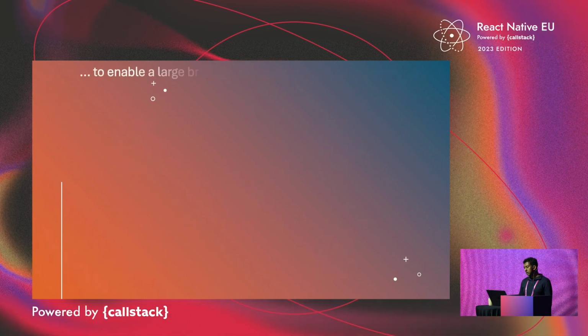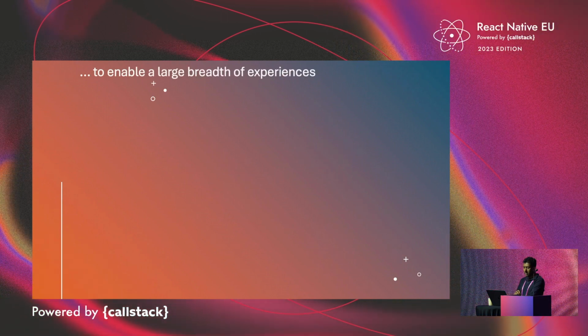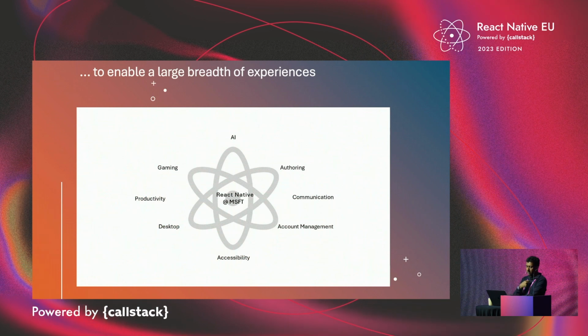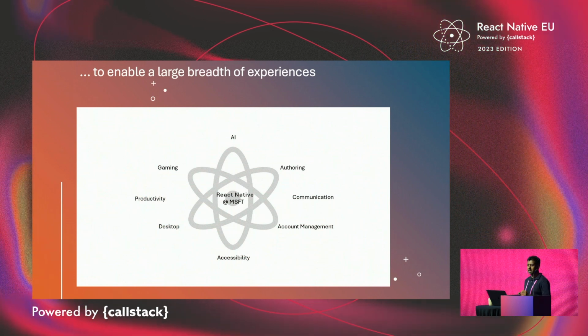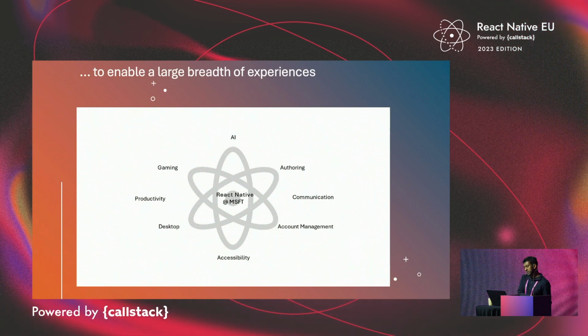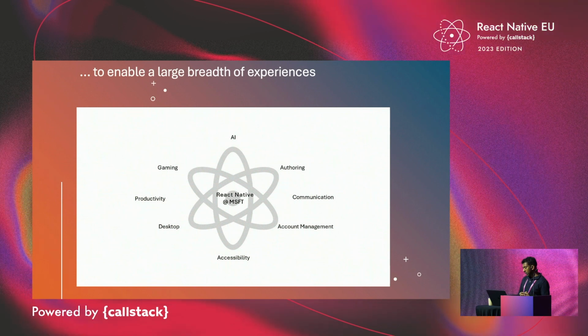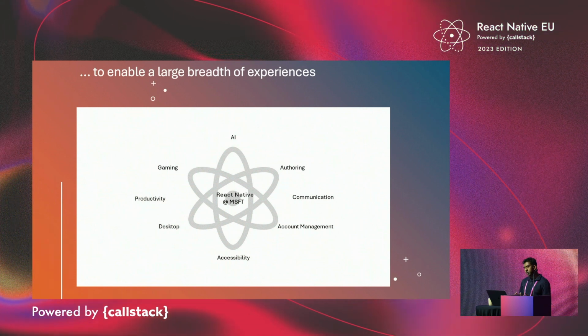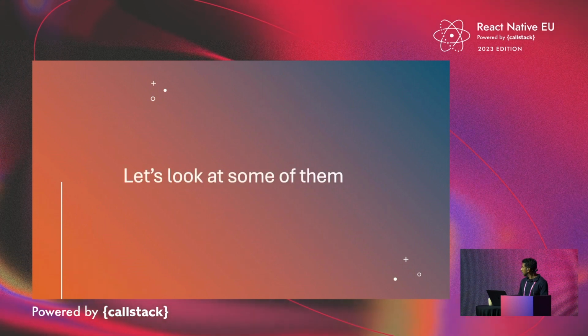And the types of experiences that we're trying to build span a very large range. They include authoring experiences, communication, account management, accessibility, the operating system, the desktop, productivity, gaming, and even AI. I will walk you through a few of those just to give you a sense of what we're trying to build.